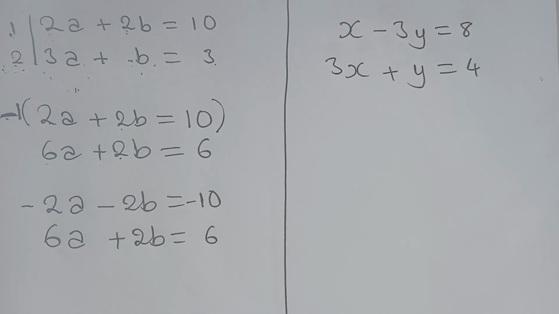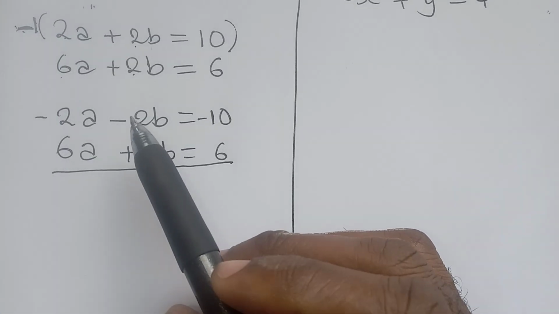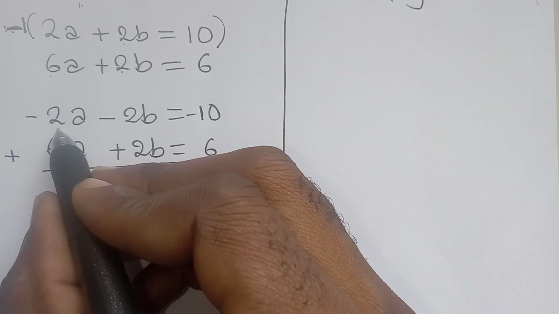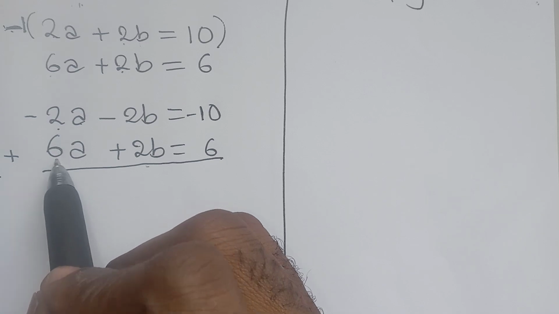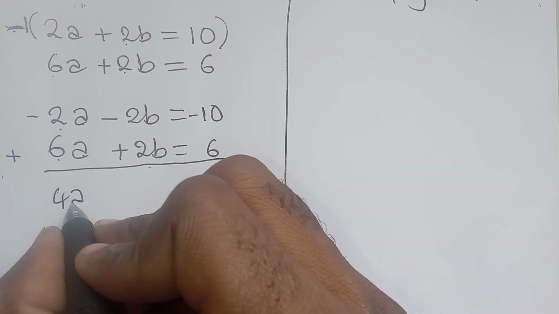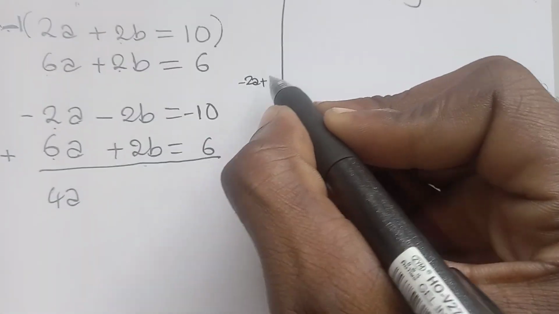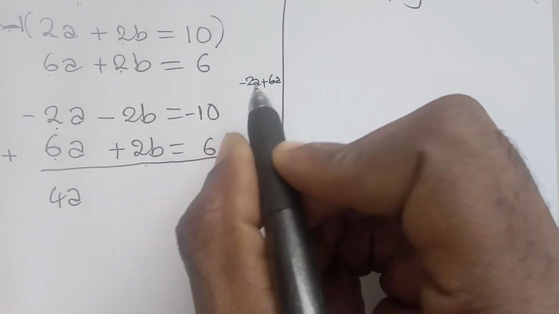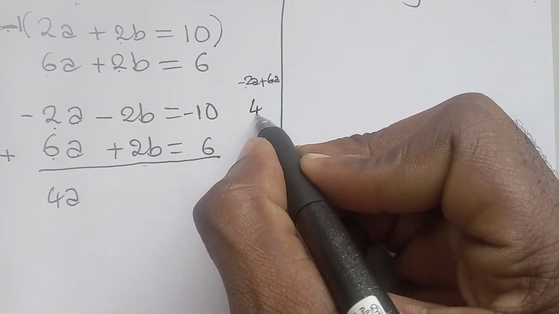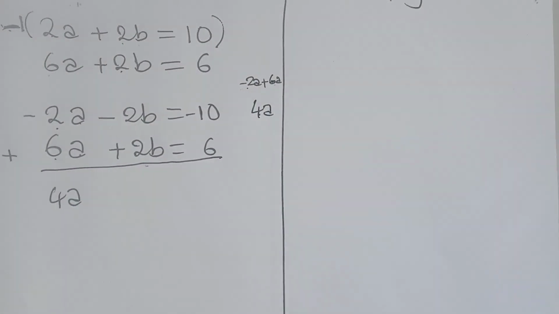Then at this point, you can just add the two equations to eliminate the b. So negative 2a plus 6a, this is 4a. You can just do it like this if you are doubting. So when you have different signs, you subtract, and then you get the sign from the bigger number, so that you have 4a.